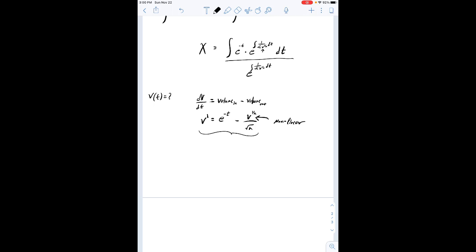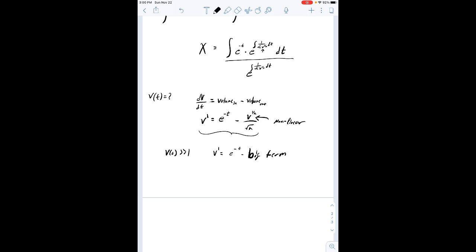Well, let's use a physicist trick. So let's play physicist for a second. Let's say that our v initial is really, really large. It is much, much greater than 1. Okay, so if our v initial is much, much greater than 1, then my v prime is going to be equal to e to the minus t minus a really big term.